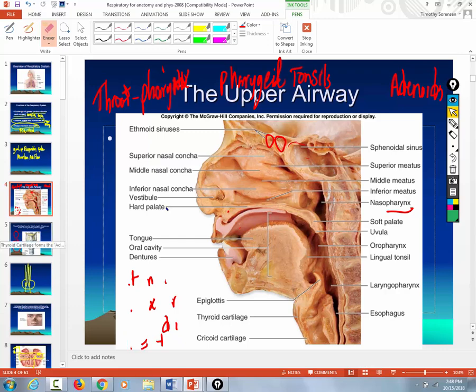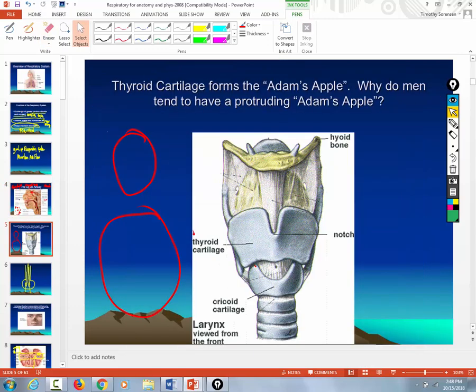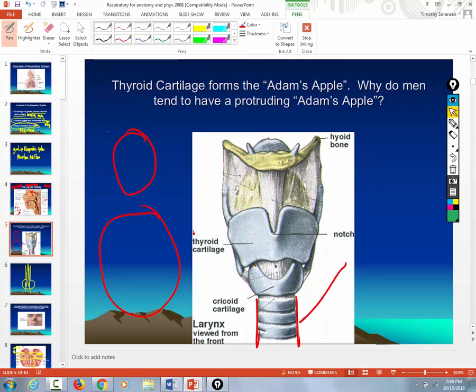So immediately connected to the larynx is the trachea. And the trachea is made up of C-shaped cartilage rings.